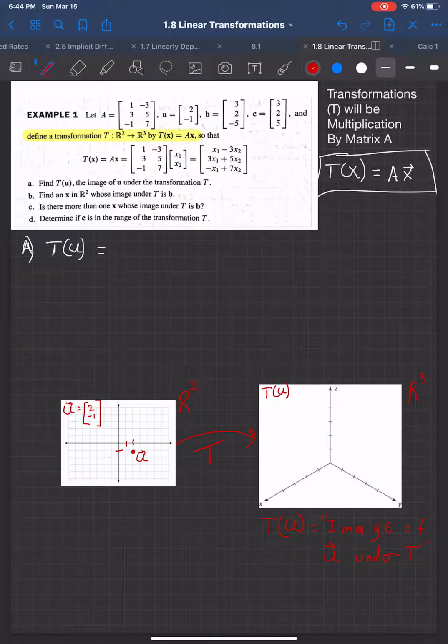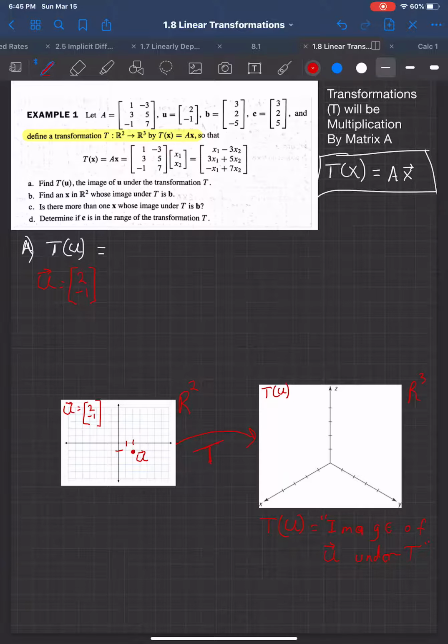It asks us to find T of U. So to find T of U, let's go ahead and establish, in this case, U has been defined for us as 2, -1. T of U is just simply the image of U under the transformation T. As I highlighted above, T of x is equal to Ax.